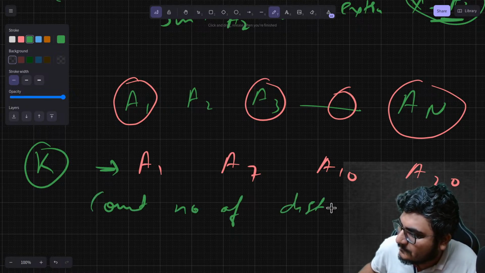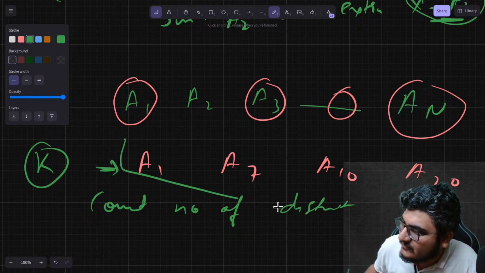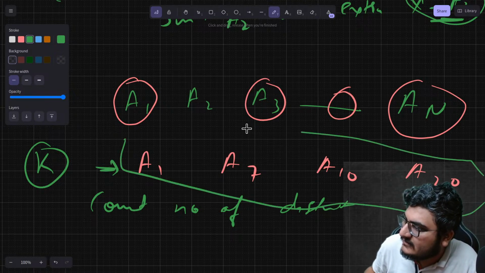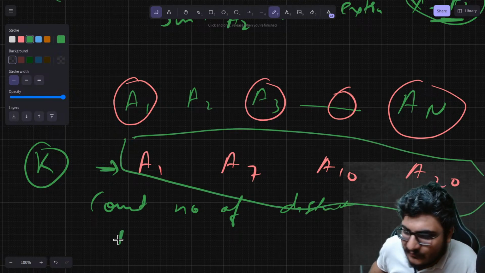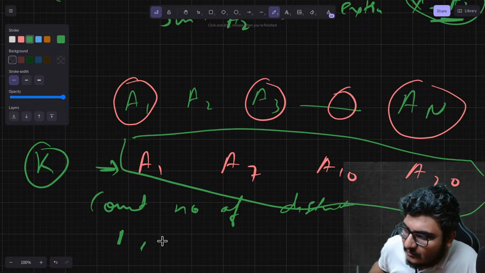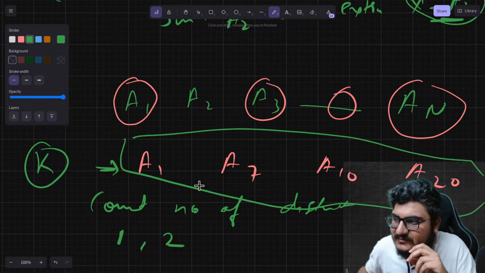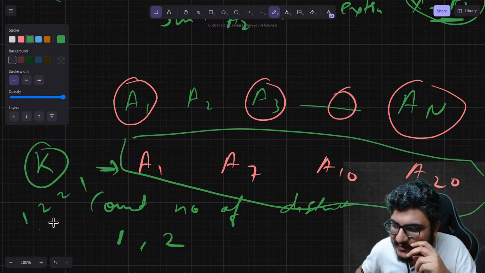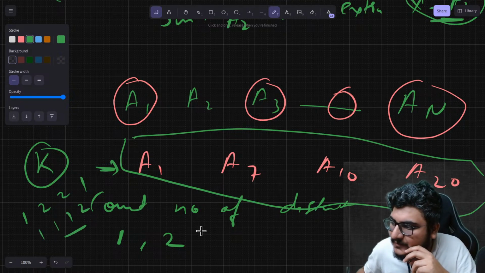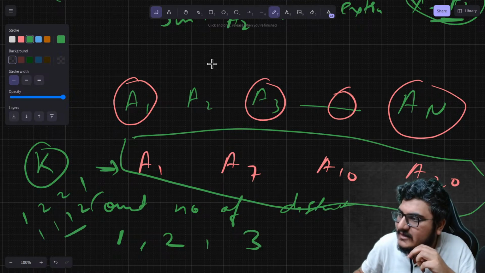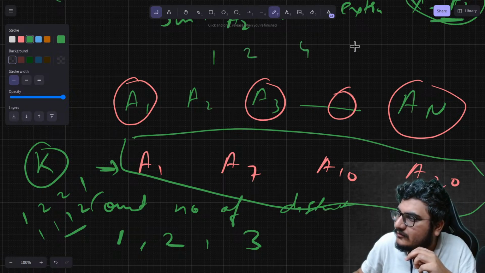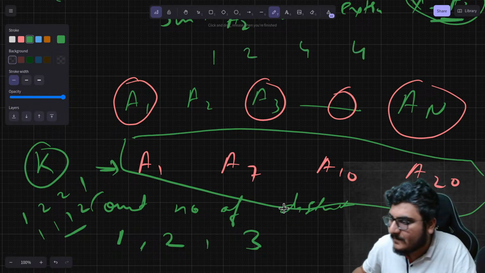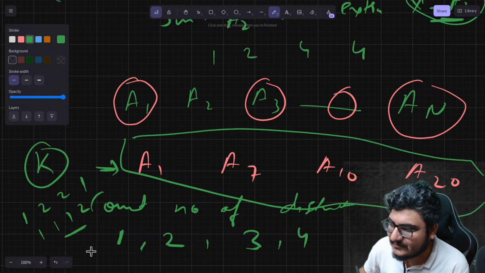Like if we have chosen 4 numbers, then the number of distinct elements can be 1, if all 4 numbers are the same, or 2 if there are only 2 different numbers, for example 1, 2, 2, 1 or 1, 1, 1, 2. Or there can be 3 different numbers like 1, 2, 4, 4. Or all 4 numbers can be different.